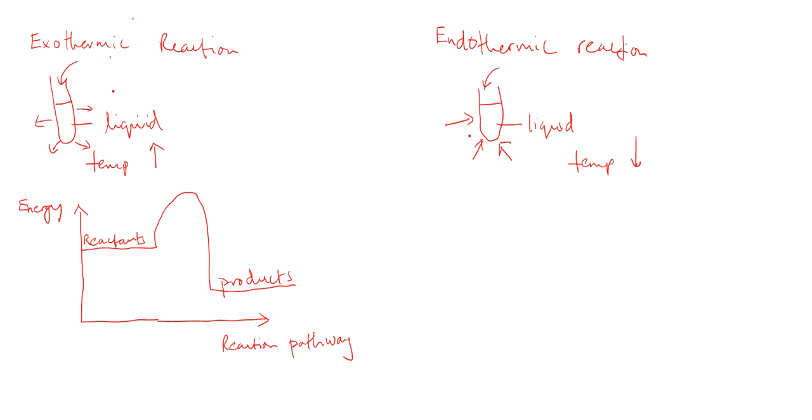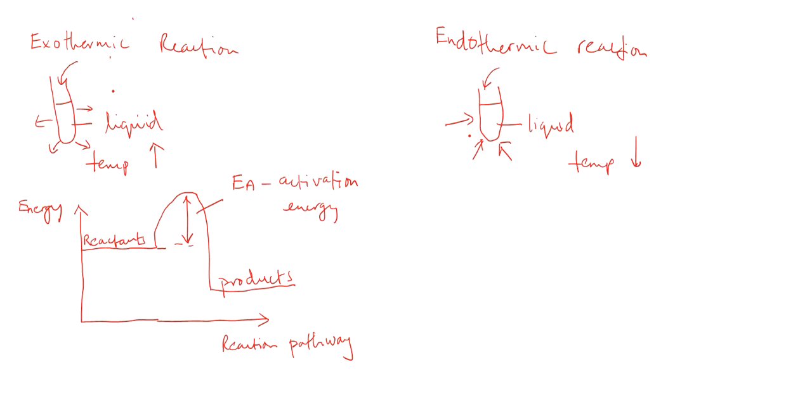So let's label the first thing. The difference between the reactants and your highest point on your graph, which is from here to here, that is called your activation energy, written as EA. So this is the activation energy, right?